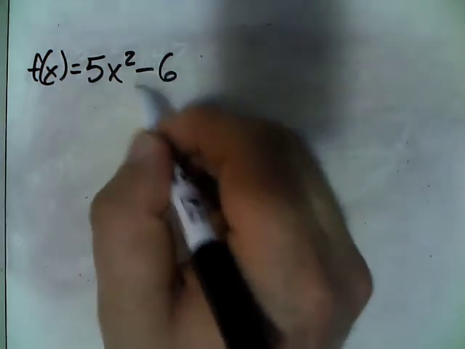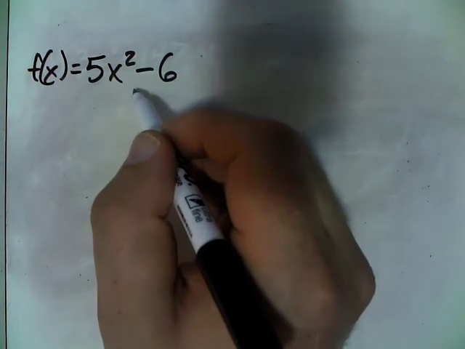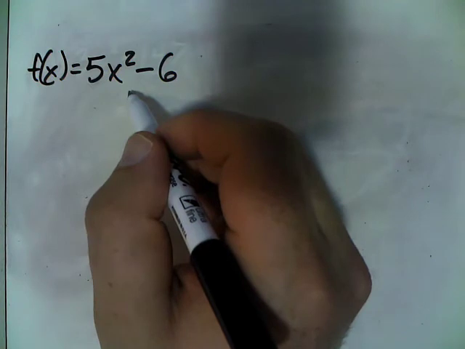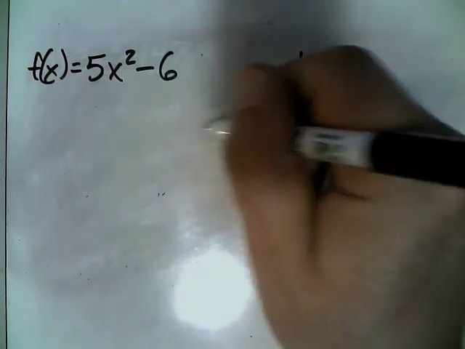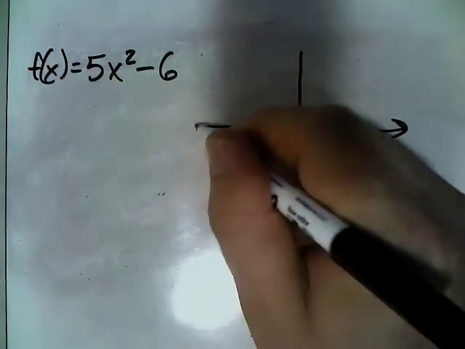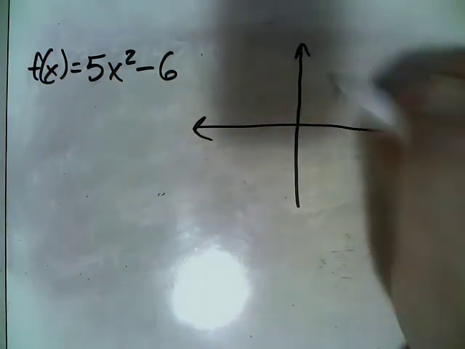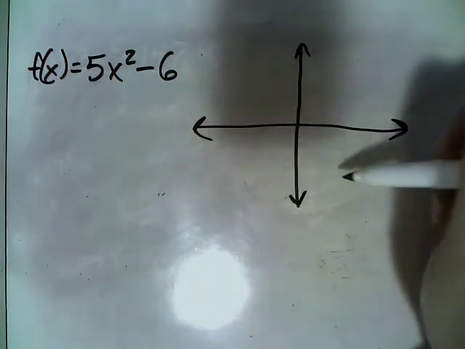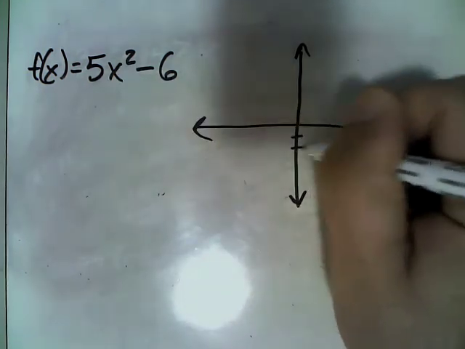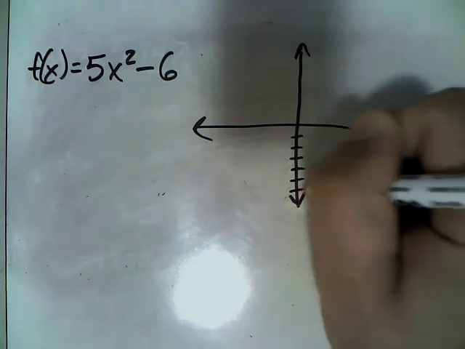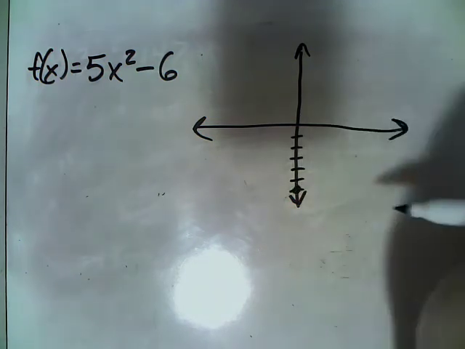So again, I don't have a b. If you don't have a b, it's going to be 0. So again, we're going to be on the y-axis. So if I plug in 0, I'll have a -6. So 1, 2, 3, 4, 5, 6, -6.